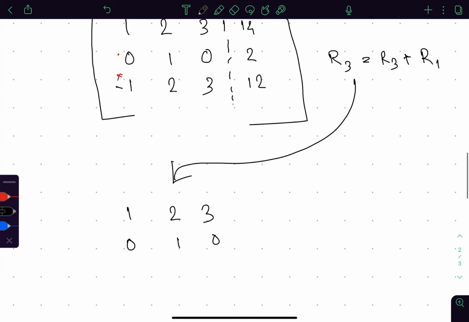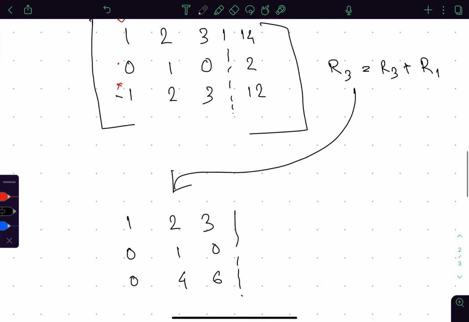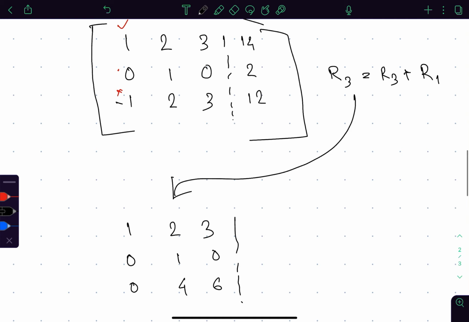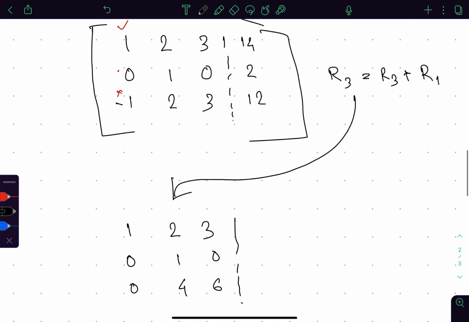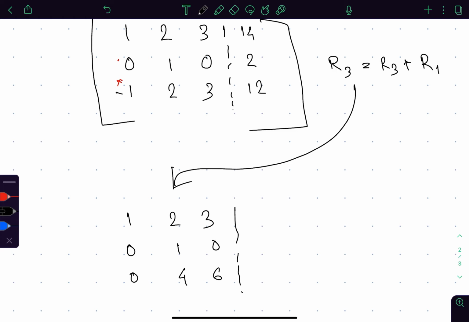Because we did R3 plus R1, this gives us 0 here, and 2 plus 2 gives 4, and 3 plus 3 gives 6, and on the right side 14 plus 12 gives 26.